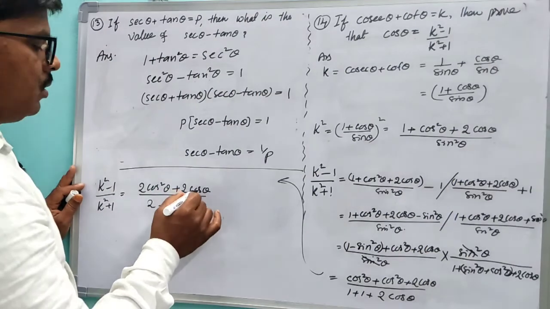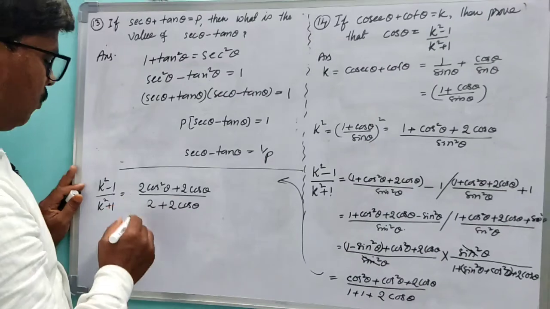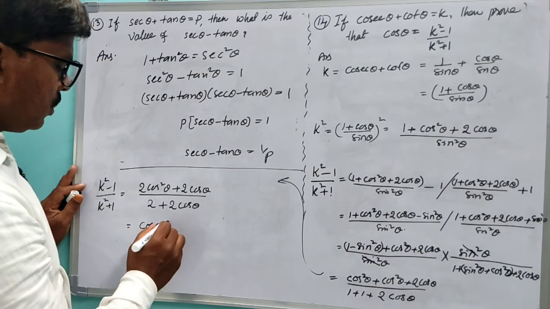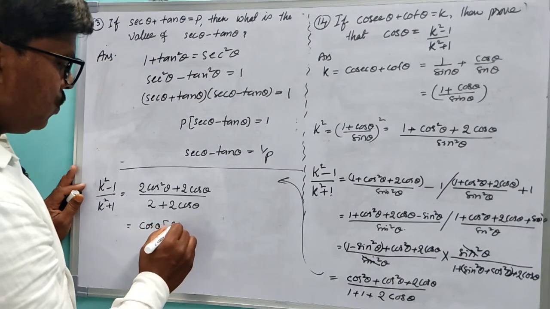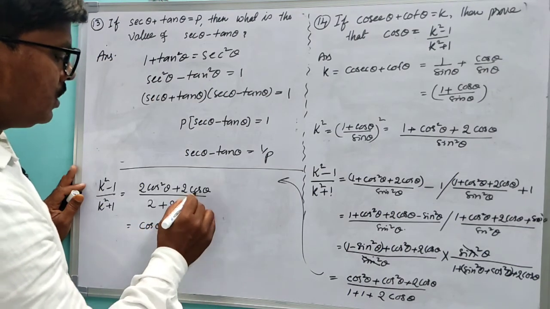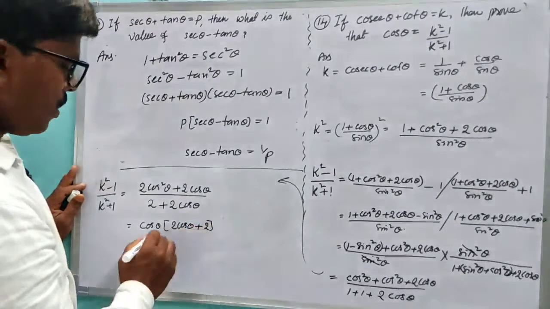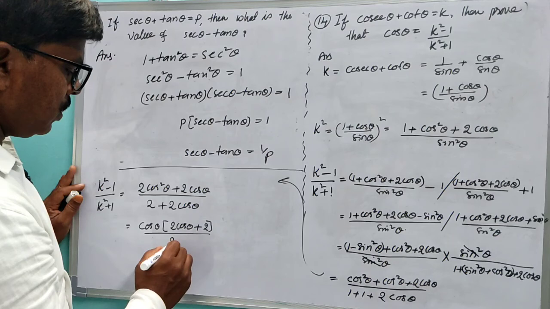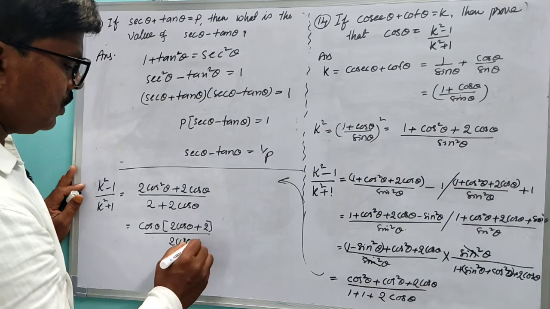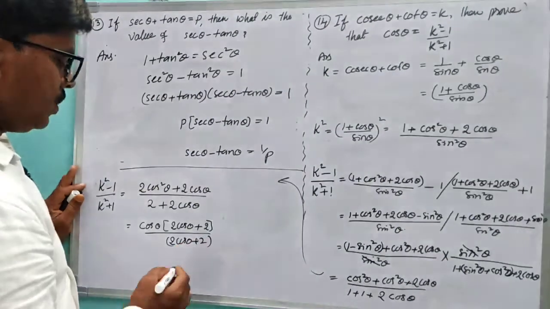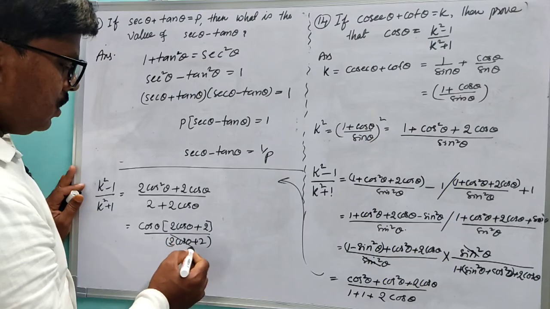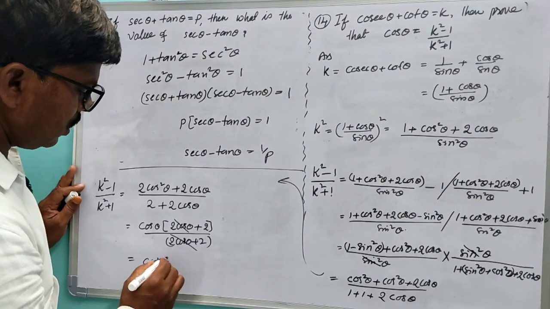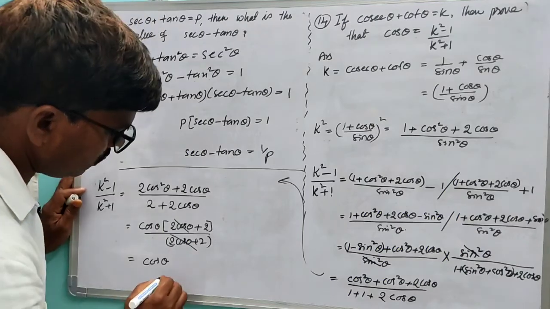Now take cos theta common in the numerator: cos theta into 2 cos theta plus 2, by 2 cos theta plus 2. This gets cancelled, and this is cos theta, what we have to prove. Hence proved.